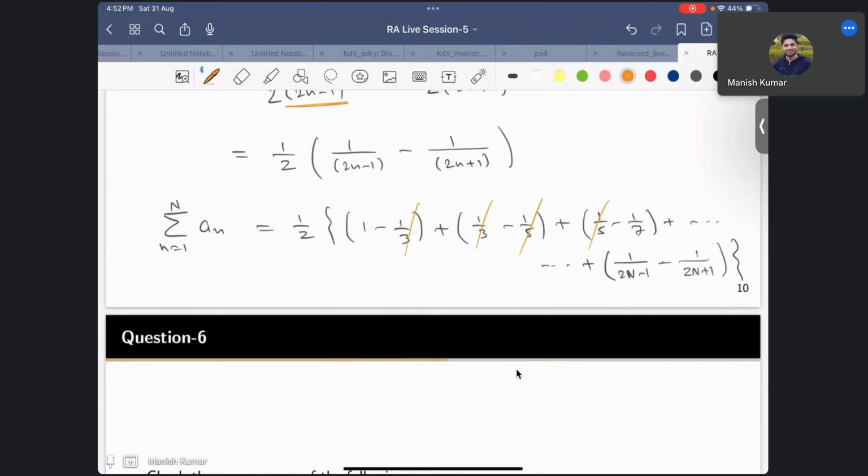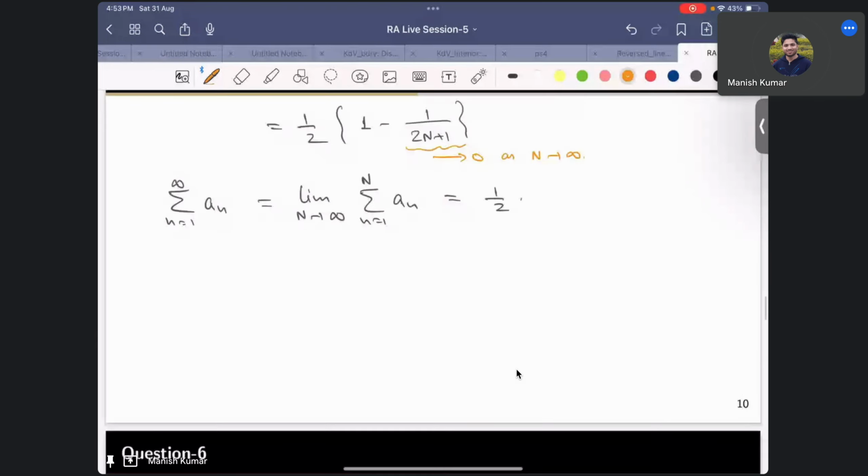So the final answer is half, right? This is the value of the whole infinite series. So this whole series adds up to half. This is how you can solve this infinite series problem.